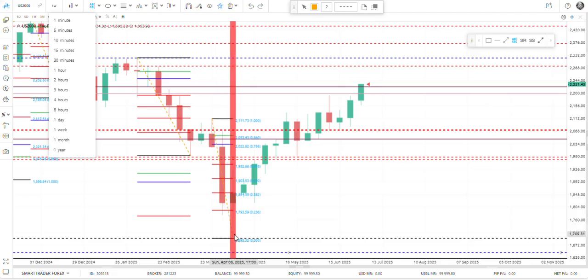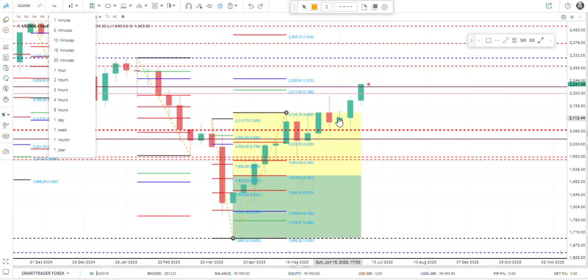So we want to run the fib from here, and because it took out our A, that's why this is the A in the fib. Now price has broken above that, so we run the fib from the bottom. We're going to use this as our weekly level.